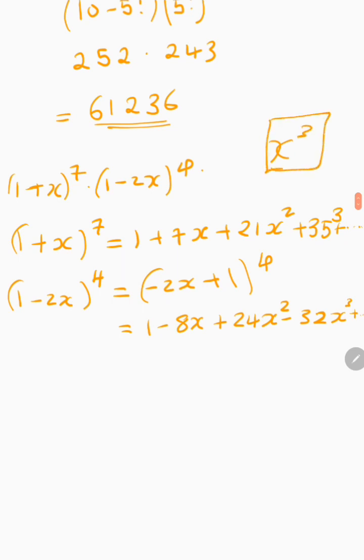Okay, so we have to multiply this whole thing by that whole thing, and that's going to be cumbersome. So the easiest way you can do is come up with a table like this.